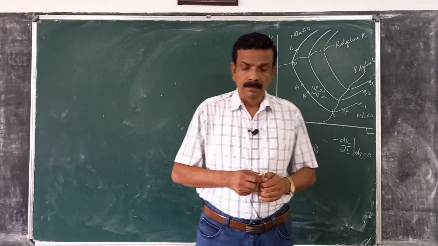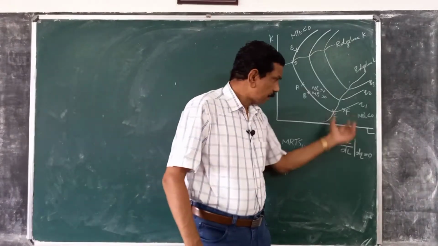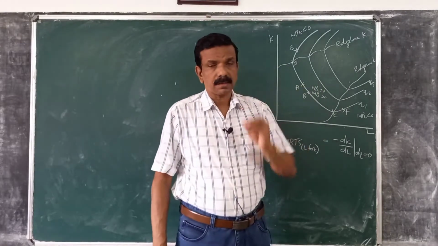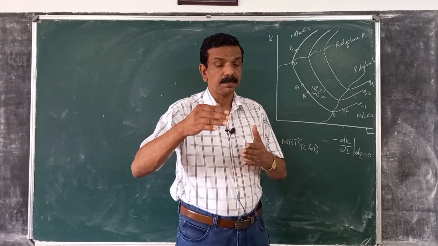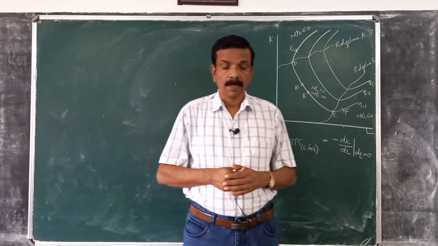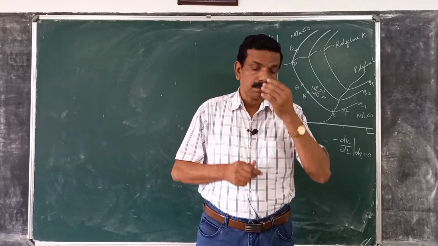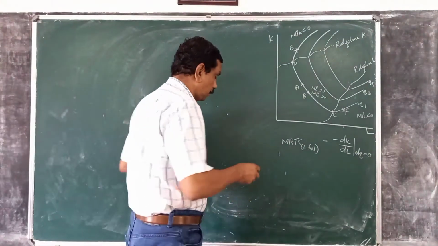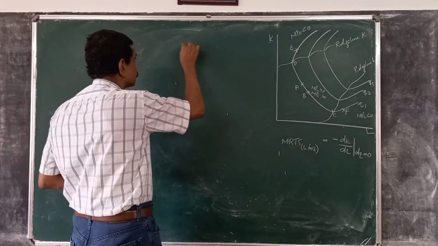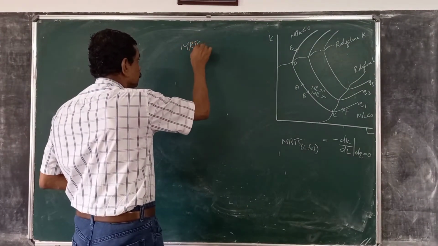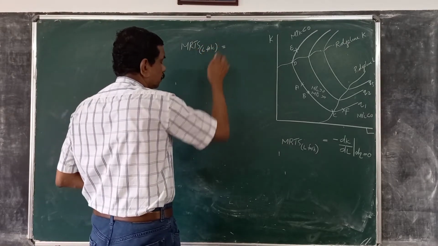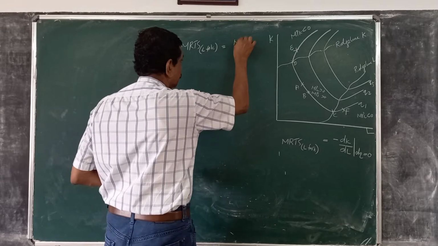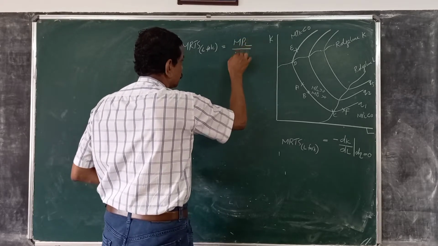Now, to examine the shape of the isoquants, it is useful to specify MRTS L for K as equal to MPL by MPK.